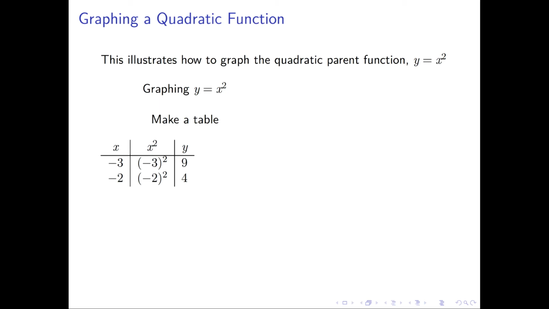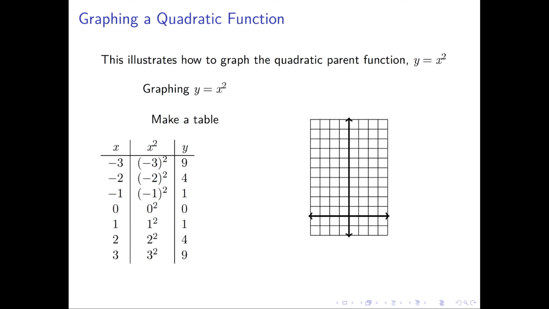Negative 2 for x, the y coordinate that corresponds is 4, and so on. And then we can make a coordinate plane and plot the points as they are in the table. We'll start with negative 3, 9, negative 2, 4, negative 1, 1, and so on. And then we'll simply draw the parabola in along those points.